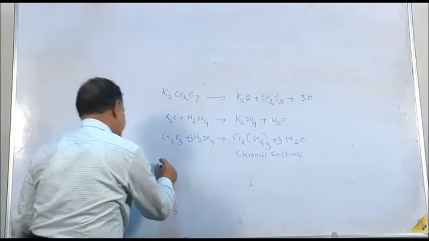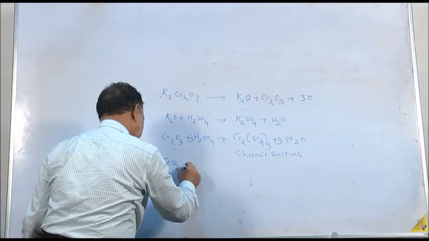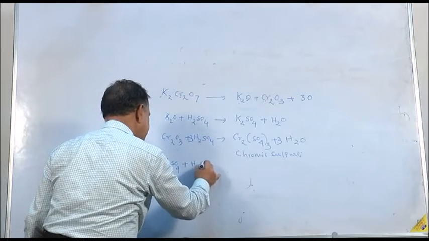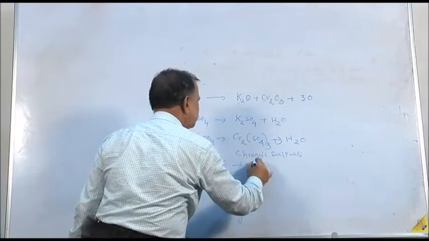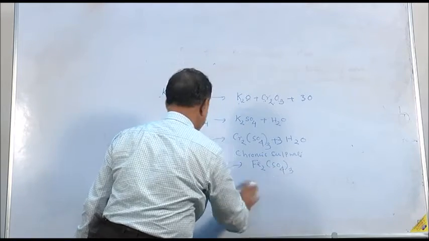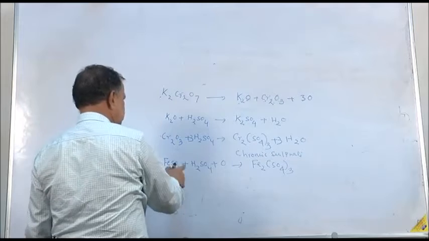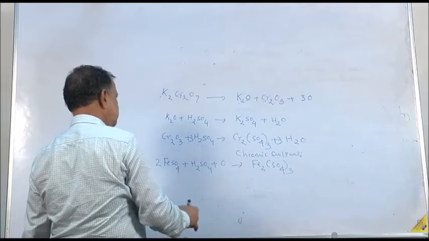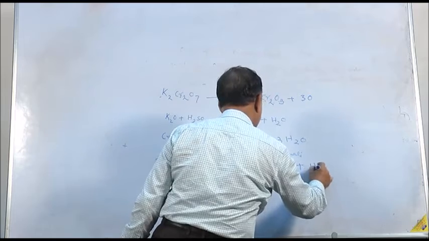Then ferrous sulfate, FeSO4 plus sulfuric acid plus O, it forms Fe2(SO4)3. Balance this: Fe2(SO4)3 and this will be plus H2O.